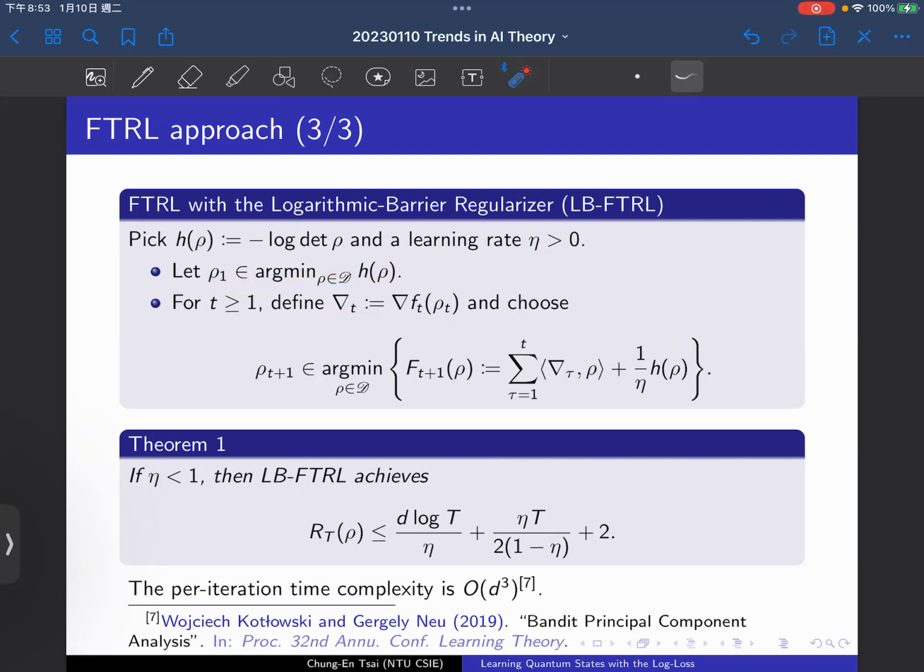And at the t+1 iteration, we choose rho_{t+1} to be the minimizer of the summation of the linear functions plus the regularizer.